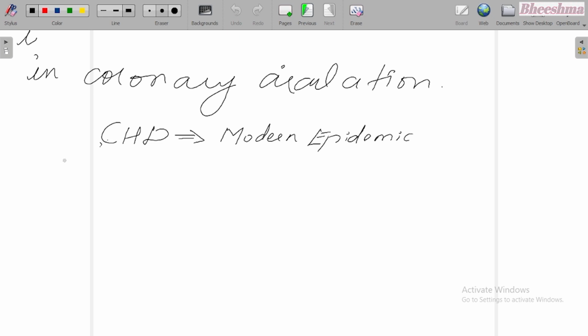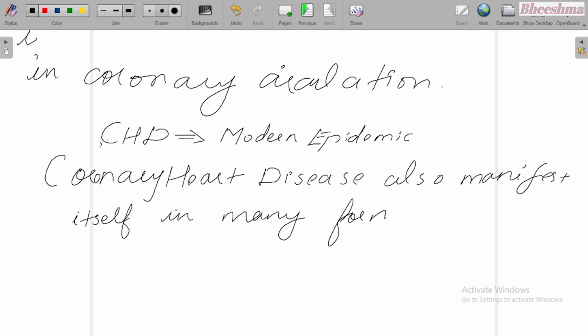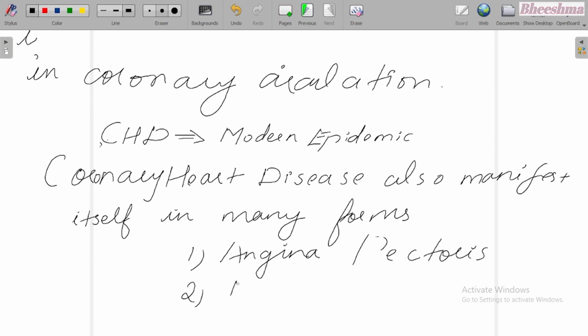And next, coronary heart disease manifests itself in many forms. The first one is angina pectoris. The second one is MI, that is myocardial infarction.